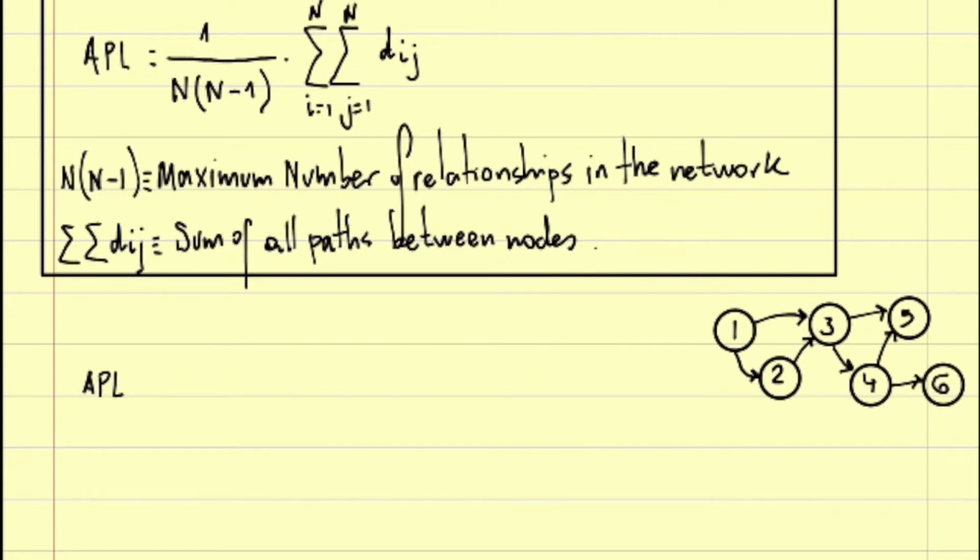And this was it. Okay, so 6 we have said is n, so the formula is 1 divided by 6 times 5.